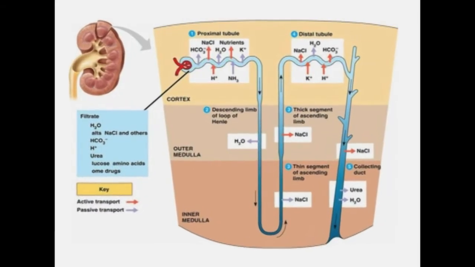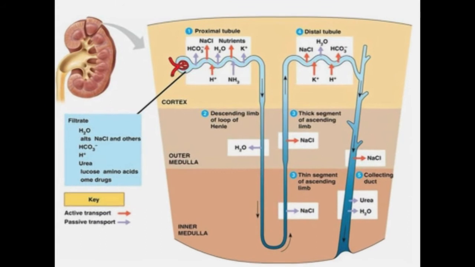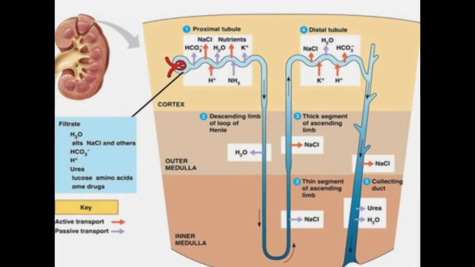This is how it shows you how different electrolytes, glucose and water are absorbed by the different parts of the nephron. In the proximal tubule, we can see that sodium, chloride, potassium, bicarbonate all are getting reabsorbed. In the descending limb of the loop of Henle, water is reabsorbed, and in the thin segment of the ascending limb, sodium chloride gets reabsorbed.